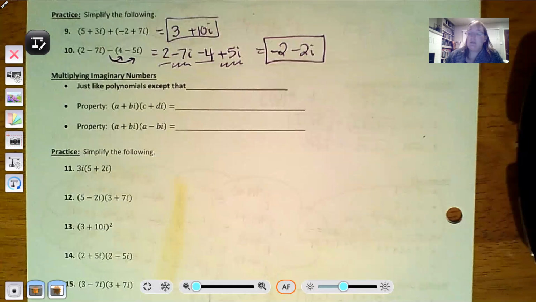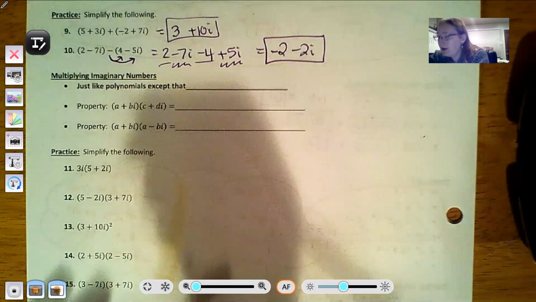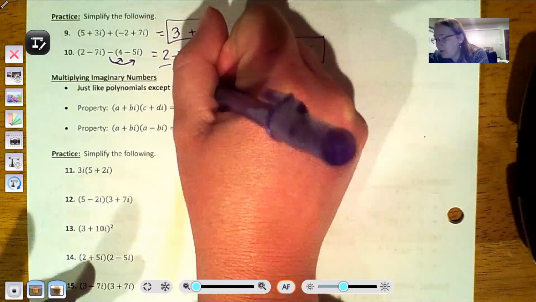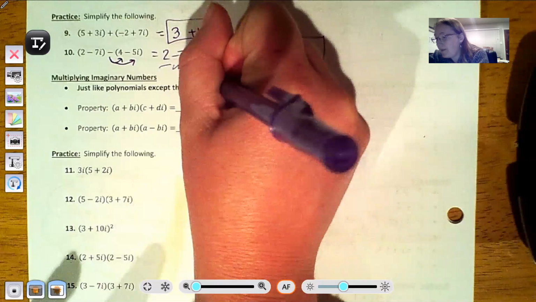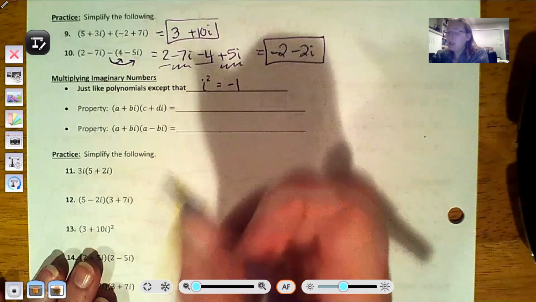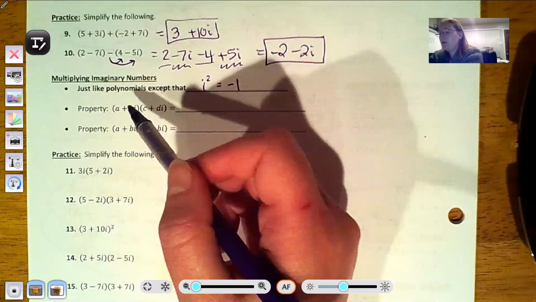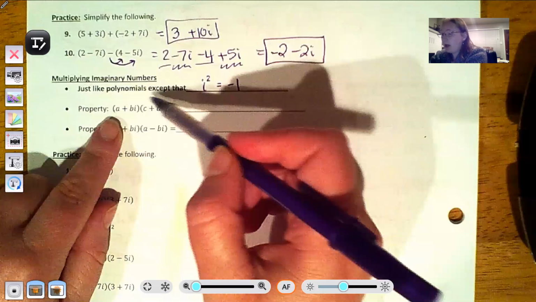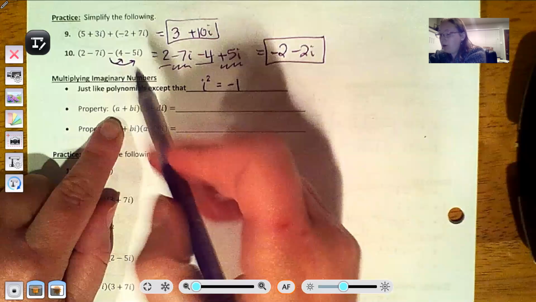Multiplying is, again, like polynomials, except there is one thing that you can do that you wouldn't see in polynomials, and that's if you end up with i squared, that can simplify to be -1. So just like we did with polynomials, when we're multiplying a binomial by a binomial, we can FOIL it.